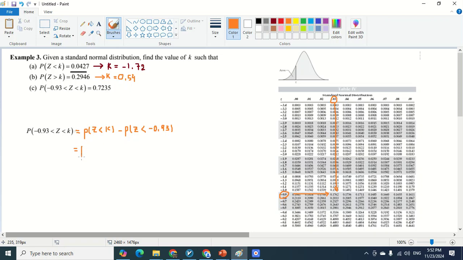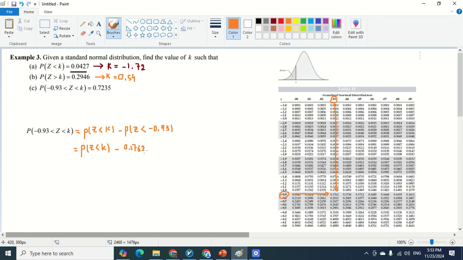So we realize that it can be rewritten as the probability of z less than k. We don't know the value of k, we are looking for that one, and the probability of z less than minus 0.93 is equal to 0.1762.